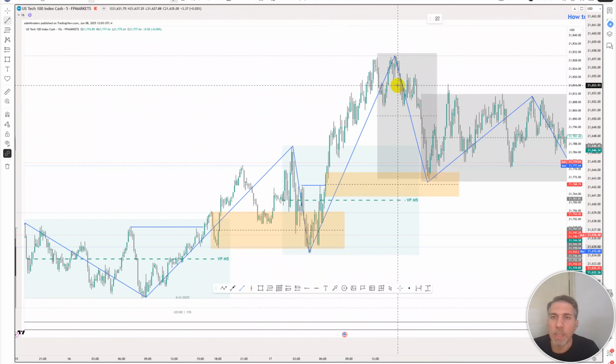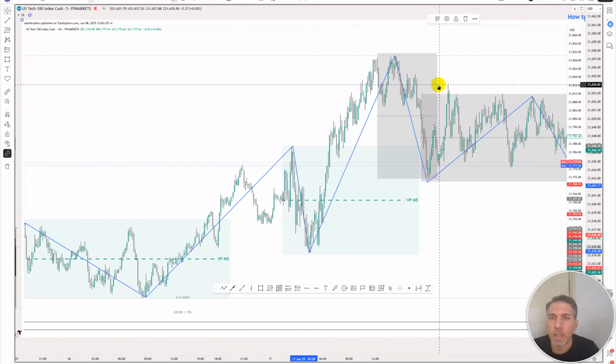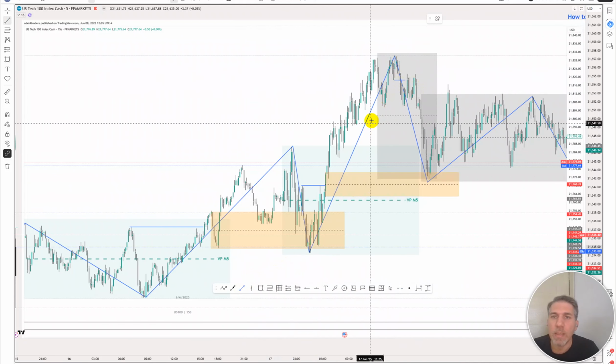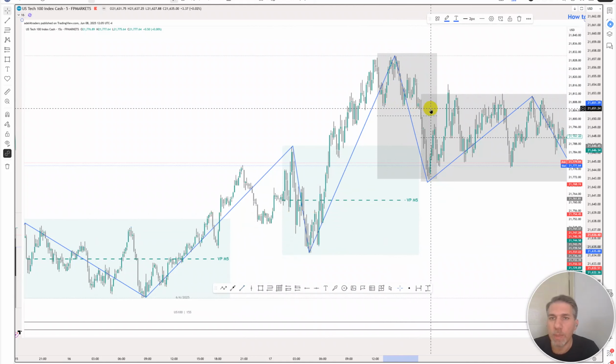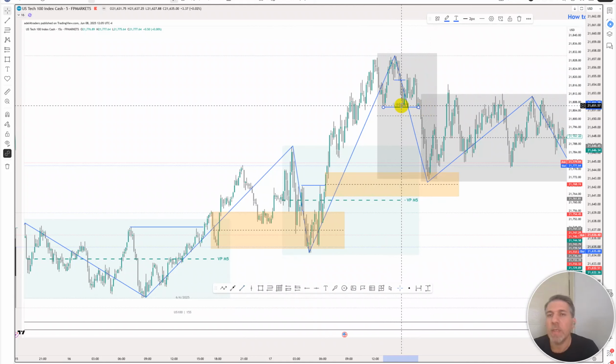Let's say somebody has taken this as our FTR, last higher low, and somebody has taken this as last higher low. So it is possible, right? Different kinds of points of view, actually.